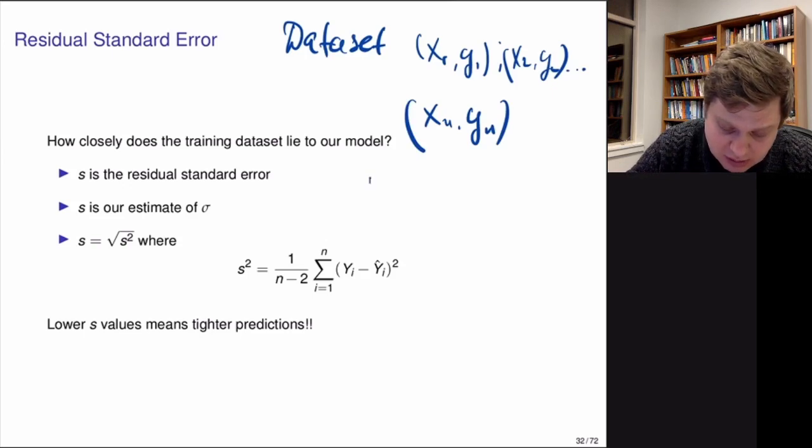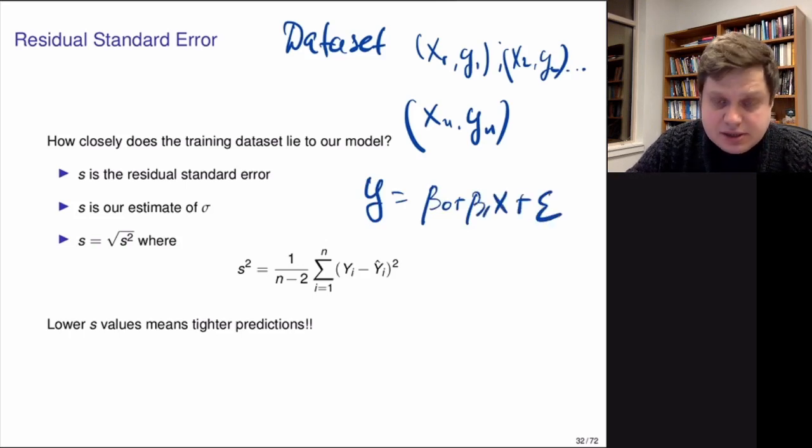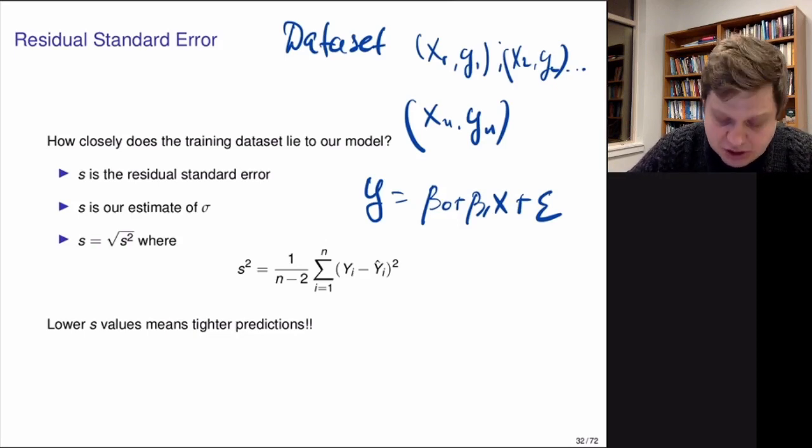So we build a model that relates y with x, okay, so it's the line plus the residual, the error, because the point's not going to be perfectly on the line. And then we can calculate the error associated with this model. So we're just going to look at the deviations. So y is the actual value, y hat is the predicted value for the observation, and then we're going to average them out.